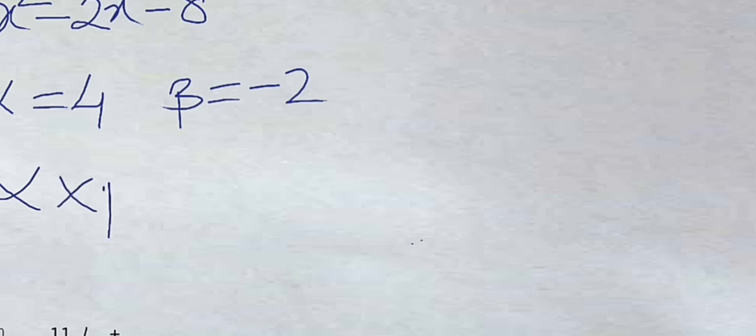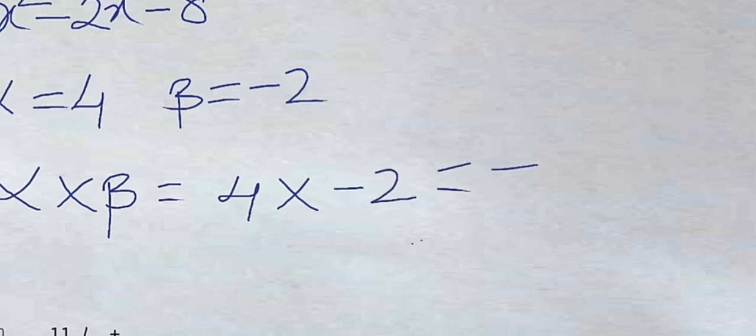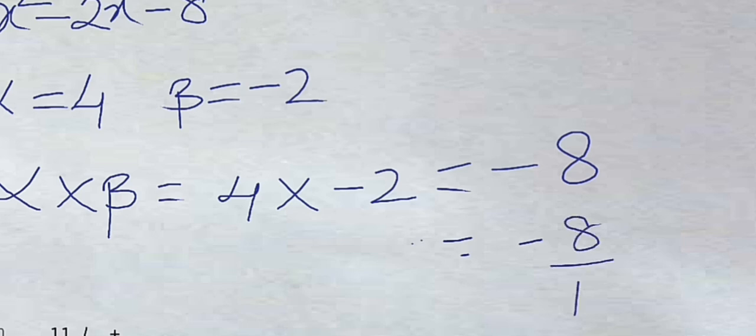Alpha into beta equal to 4 into minus 2, which gives us minus 8. So how do we write this minus 8? Minus 8 by 1.